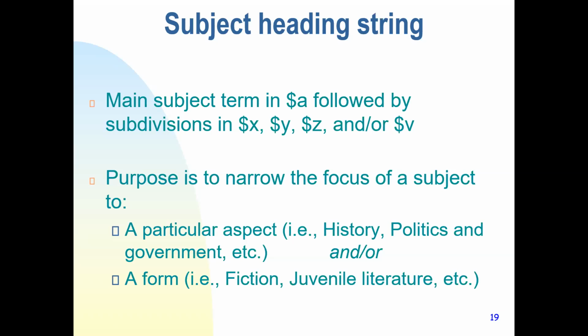So again, those strings narrow the focus, like we saw in that example for France. We had history or politics and government after the term. A form heading is like fiction or juvenile fiction, juvenile literature, pictorial works. So in other words, what is this work? Not what it's about. The form tells what it really is.